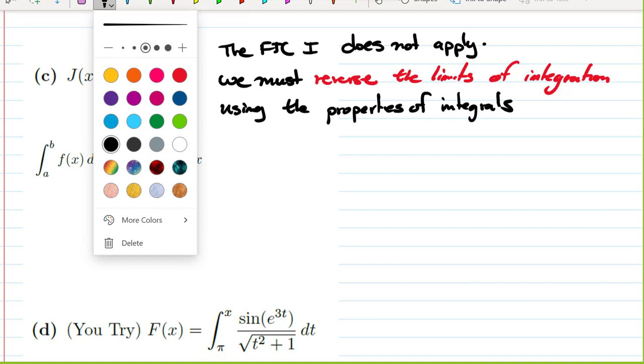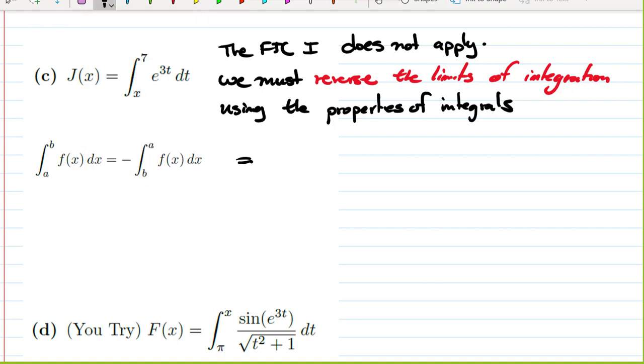So then we can rewrite j of x using this property where j of x is now equal to the negative of the integral from 7 to x of e to the 3t dt.